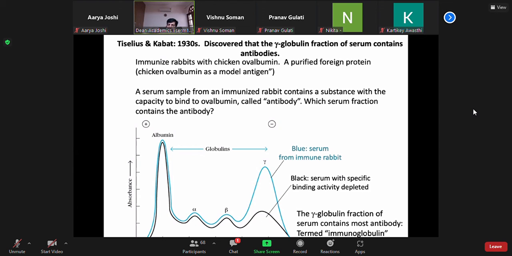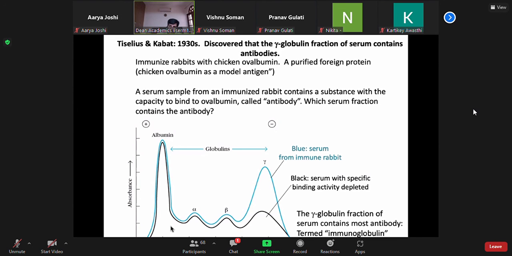So you have agarose gel solidified onto the surface of this slide, you make a punch, so you have an area where you can load sample, and apply electric current, and then let all the components resolve depending on their charge. If it is negatively charged, it will move towards the positive electrode, and if it is positively charged, it will move towards the negative electrode, right? Depending on that, you can separate different fractions.